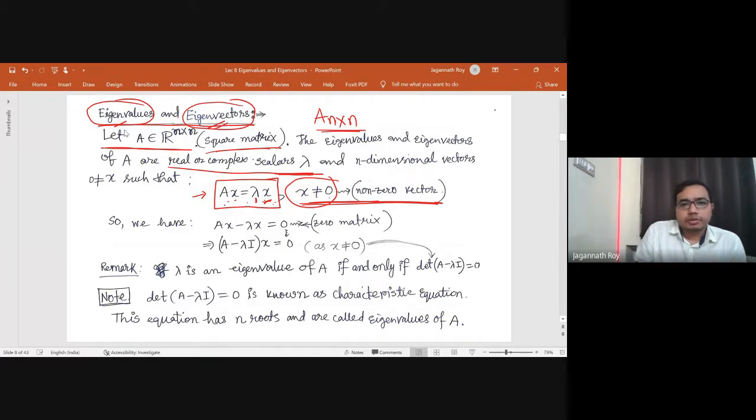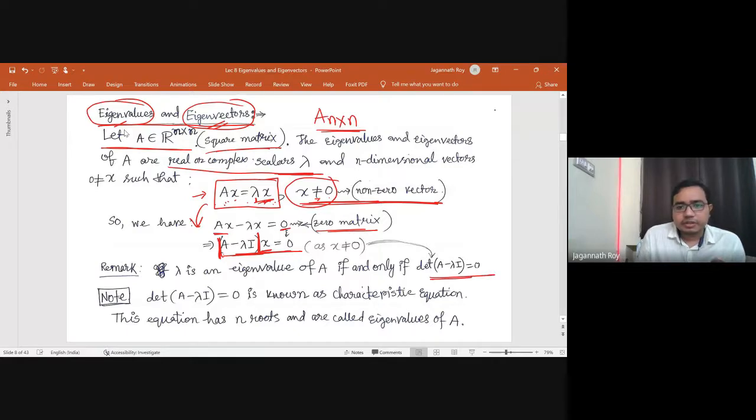Okay. So if you simplify this equation, if you take lambda x on the left hand side, then it will satisfy. Remember, this 0 is actually a zero matrix. Now we are assuming a non-zero vector x, and if we have this kind of equation, then if you take the determinant, this will become 0.